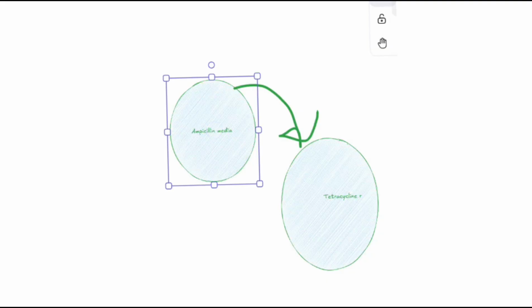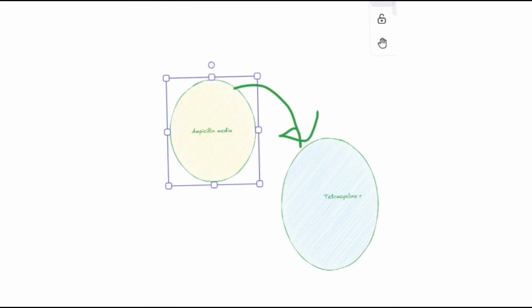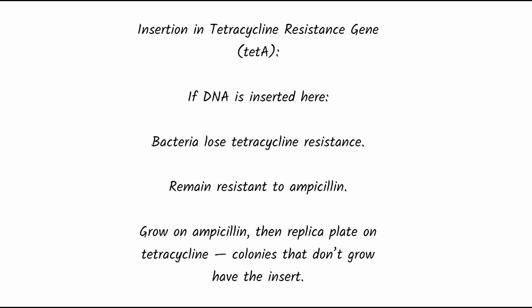The transformants growing on ampicillin containing medium are then transferred on the medium containing tetracycline, and the recombinants will grow in ampicillin containing medium but not on tetracycline.